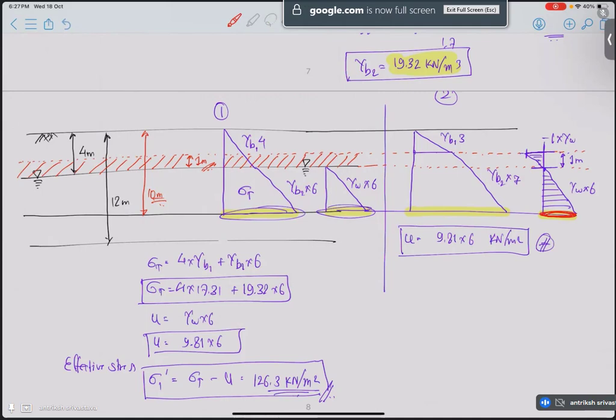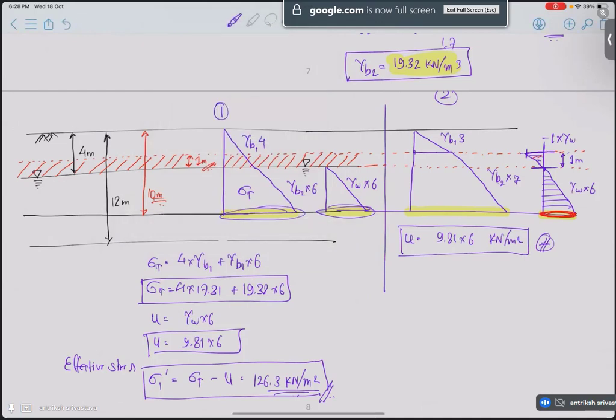If we were talking about the total force applied by water on this particular plane, then we have to take the area, and in that case the negative area, because of the capillary fringe, the tension in the water, the pore water pressure, would have reduced the total force. But we are talking about stress, so it is not going to change.